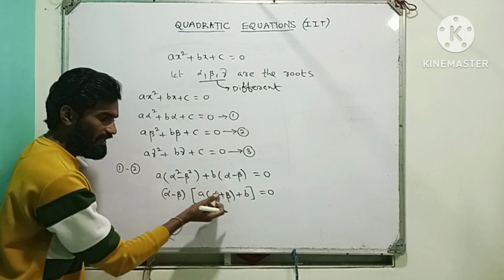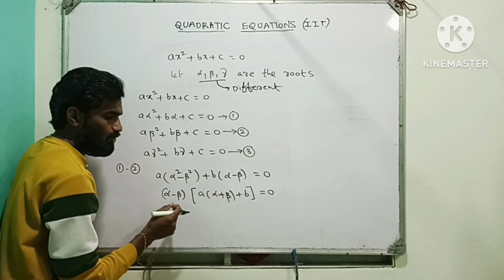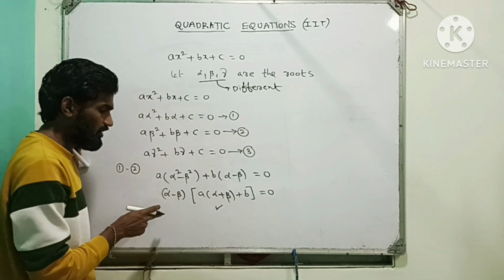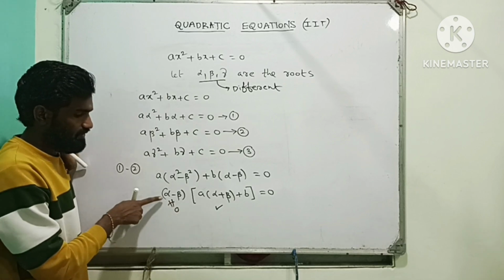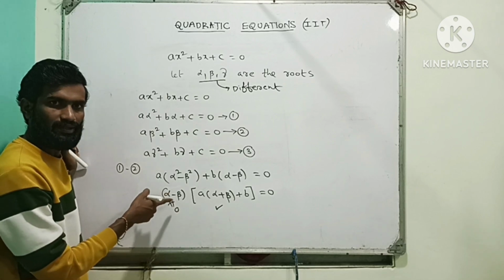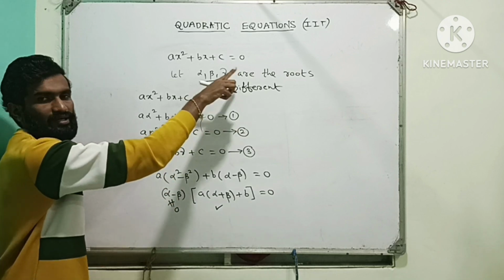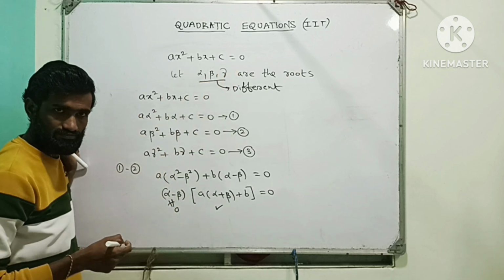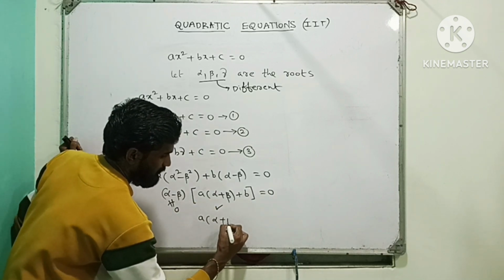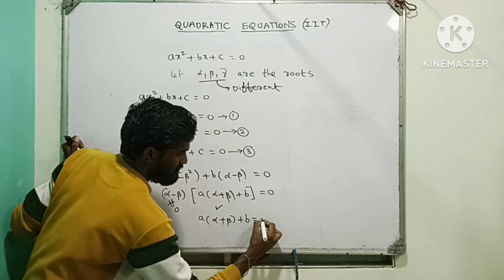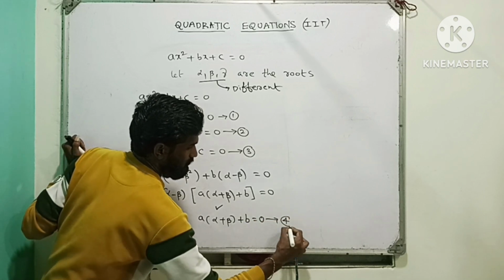So in order to get the product 0, only this one is 0, not this one, because if I take this one as 0, I will get alpha equal to beta. But here we have taken alpha, beta, gamma, all three different. So here I am taking a into alpha plus beta plus b, which is equal to 0. This is equation number 4.